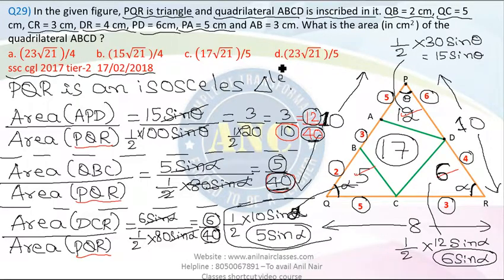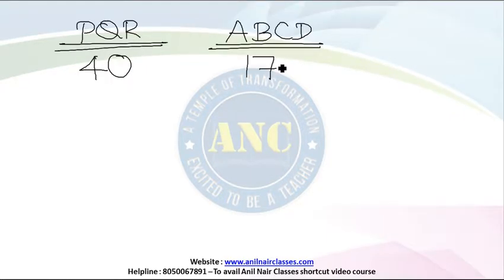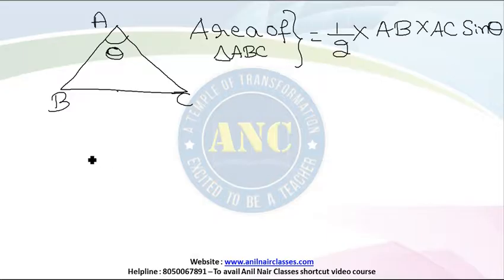But the question says PQR is not 40. PQR is not 40 according to the question. Then what is the value of PQR, sir? Can I say that PQR is an isosceles triangle, right?